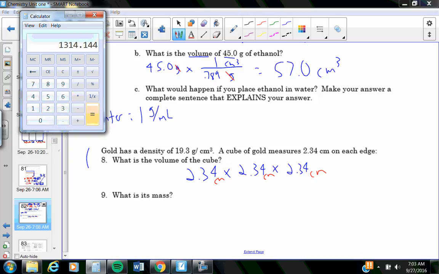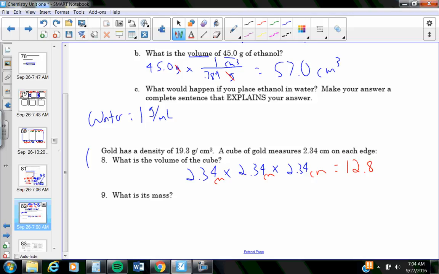I'm going to just redo that. 12.81. I'm not going to be picky about rounding on this one, just on the quiz. But my logic here would be I'll keep 2 places past the decimal because that's how carefully they measured. There's other ways called significant figures to figure it out, but this logic will work for us now. That would be cubic centimeters.